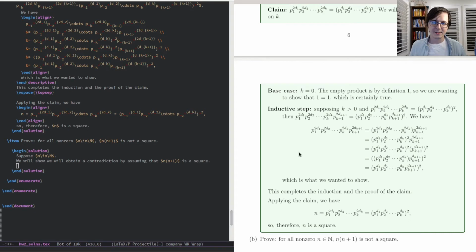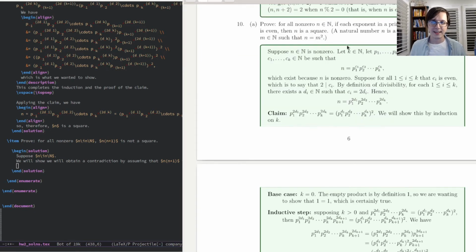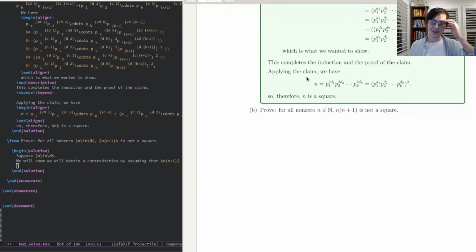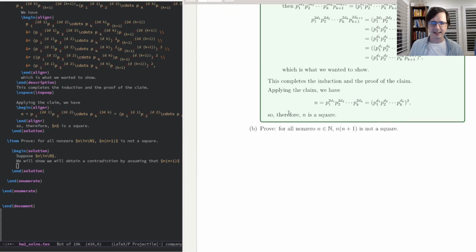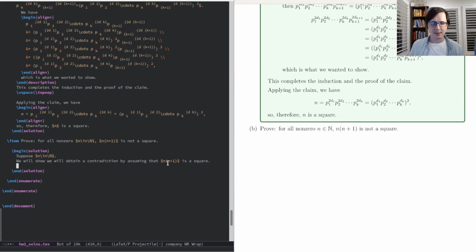Yeah, so this is where, if this were the other way, it'd be useful. Because we're assuming it's a square, but this has the conclusion that a number is a square. So either we can prove the converse of this and use that, because if it were a square, that would mean that each power in the prime power factorization would be even.